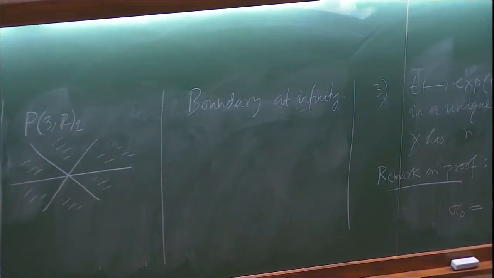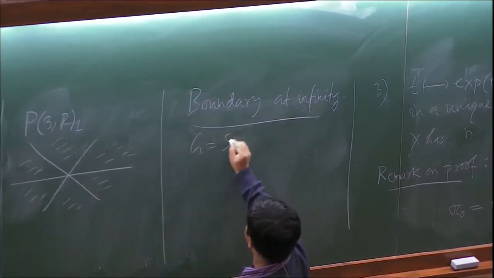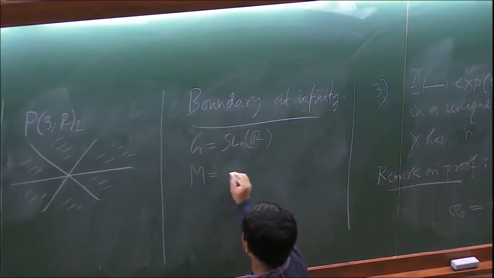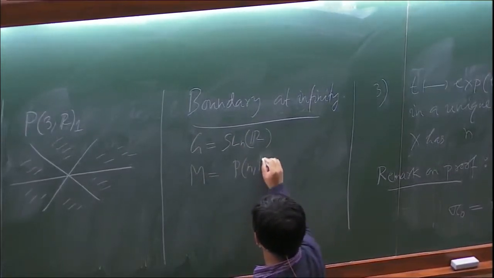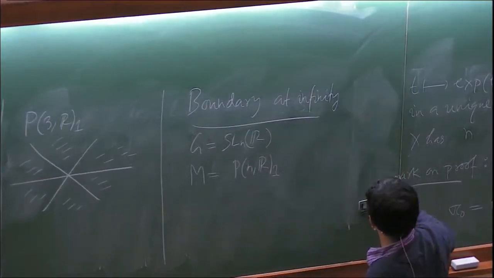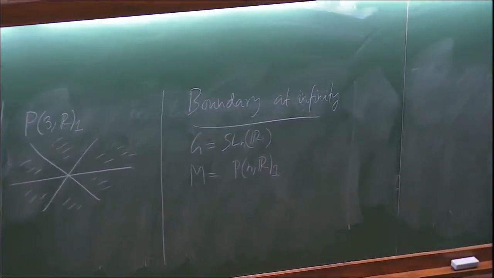For us I'll just say G is SL_n(R), and the manifold M is P_n(R)_1. I'll just concentrate on this. So there is a way to compactify this M.